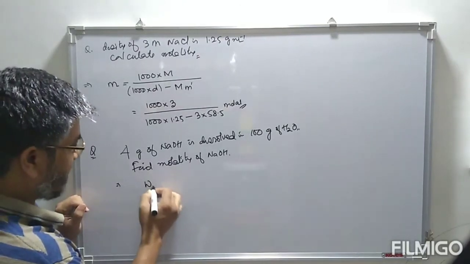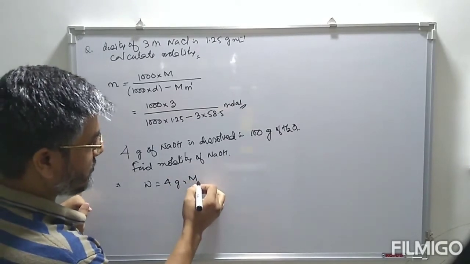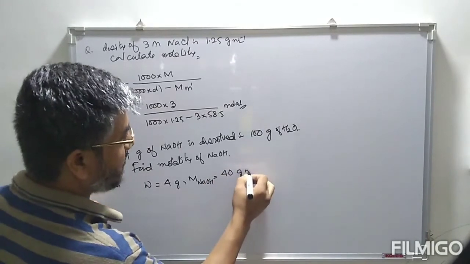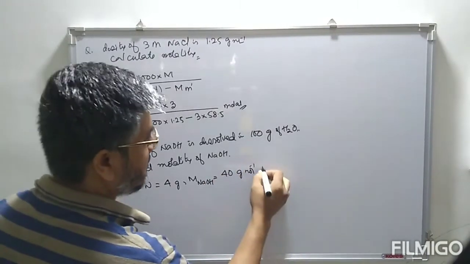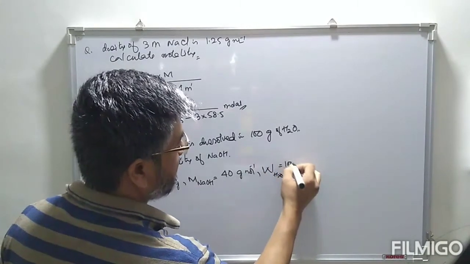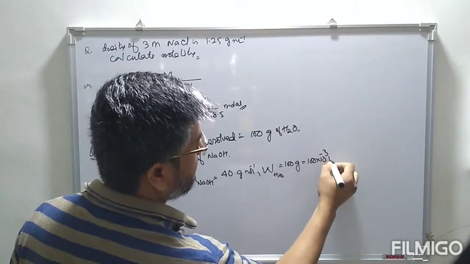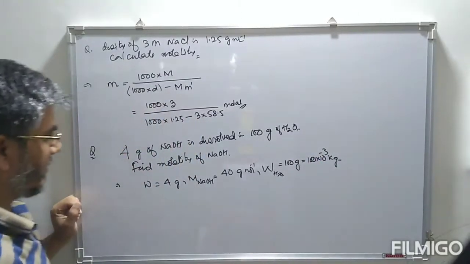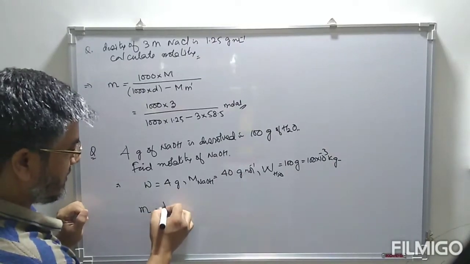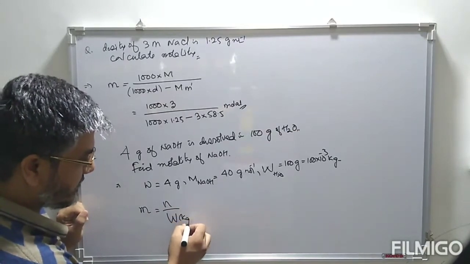So the mass of sodium hydroxide is 4 grams. The molar mass of sodium hydroxide is 40 gram per mole. The mass of water, that is the solvent, is 100 gram, or 100 into 10 to the power minus 3 kilogram. So therefore, molarity is the number of moles divided by the mass of solvent taken in terms of kilogram.